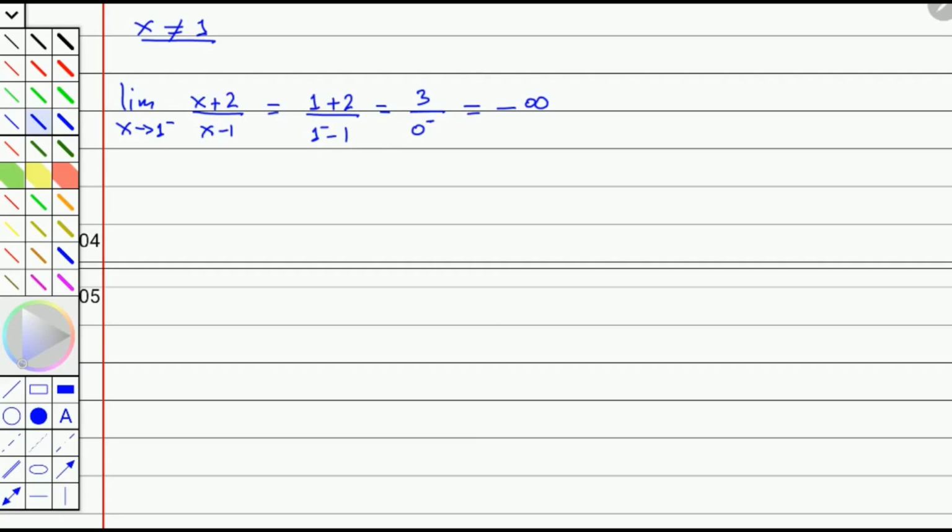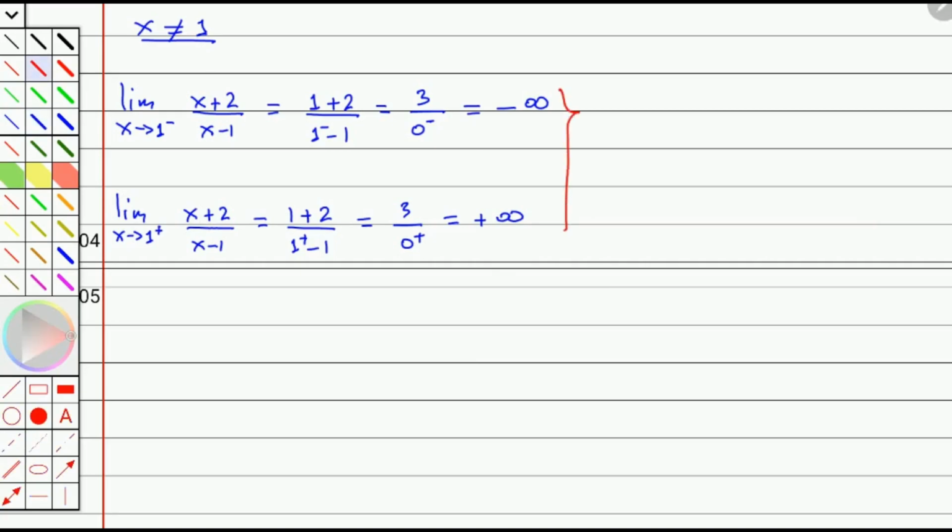If we do the same thing for the other lateral, limit as x goes to 1 plus of (x + 2) over (x - 1) equals (1 + 2) over (1 plus minus 1), equals 3 divided by 0 plus. So this is going to be equal to positive infinity, not negative infinity, positive infinity in this case.